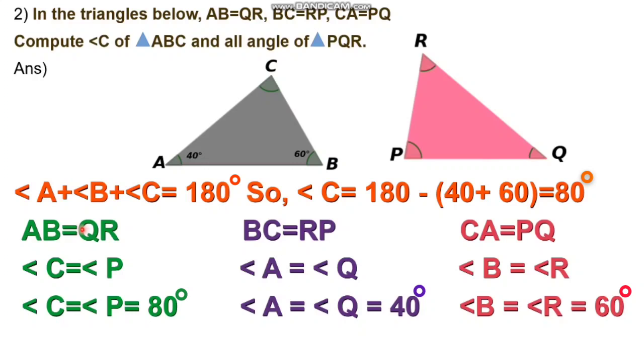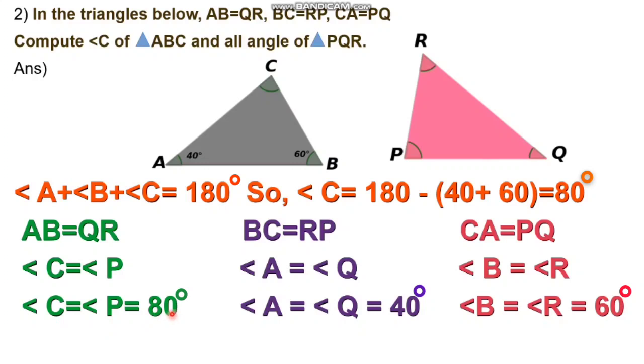Opposite of AB is angle C and opposite of QR is angle P. These two are equal angles. So, angle C is equal to angle P. Angle C we got as 80 degrees, so angle C is equal to angle P equal to 80 degrees.